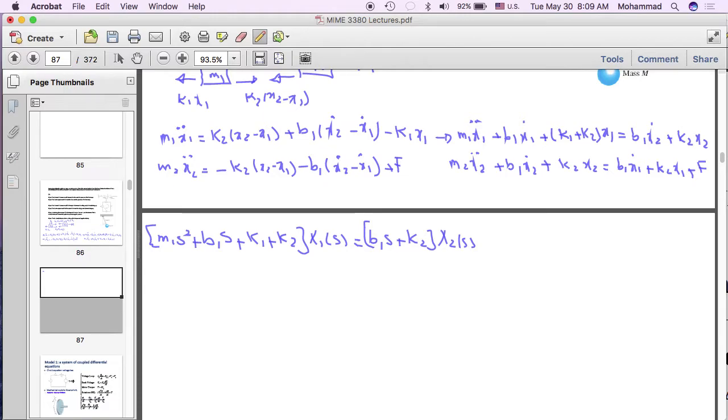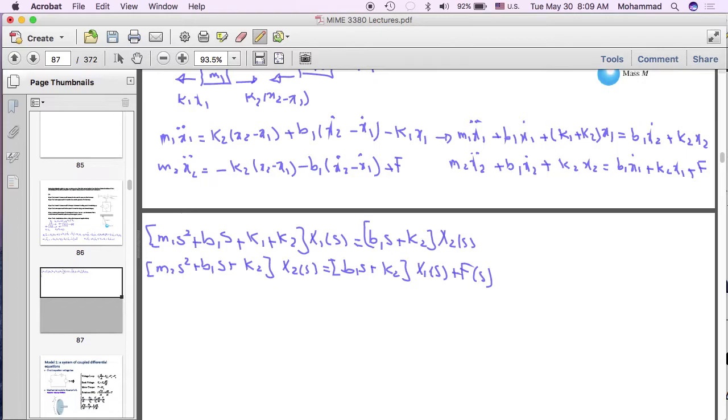The second differential equation, if you transform it, it will become m2 s squared plus b1 s plus k2 from one side multiplied by x2 of s equals b1 s plus k2 times x1 of s plus F of s.